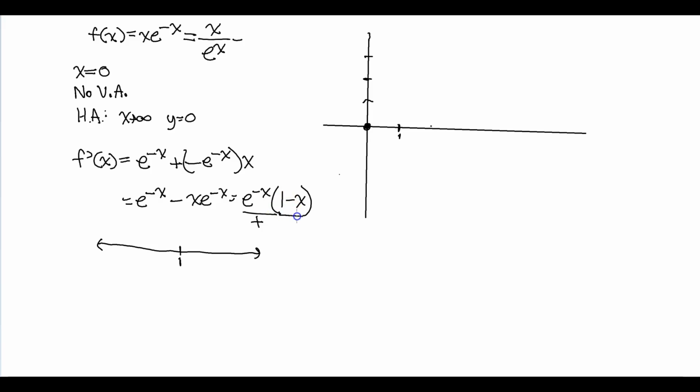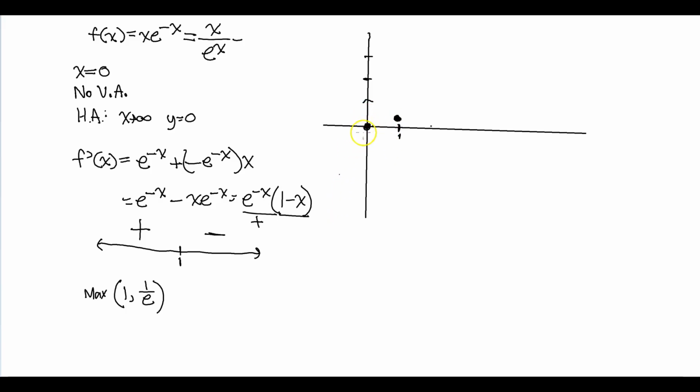So we only have to look at this expression, which you can easily see is positive when x is less than 1 and negative when x is greater than 1. So you have a maximum at x equals 1. If we evaluate this function, you have a max at 1, 1 over e. There are no minimum values. There's only one critical point. So I would guess 1 over e to be right over here.